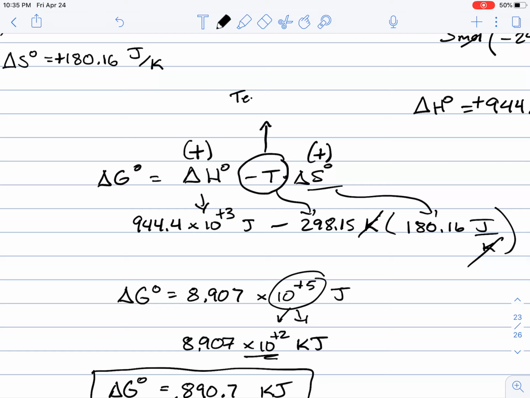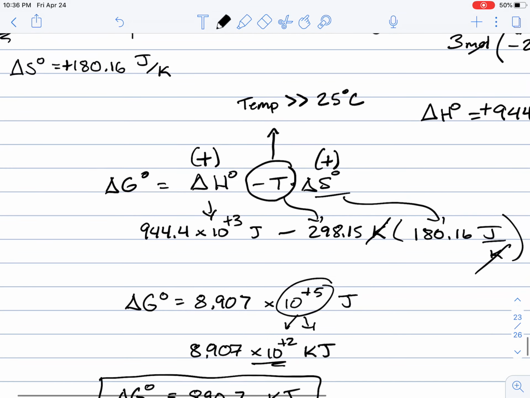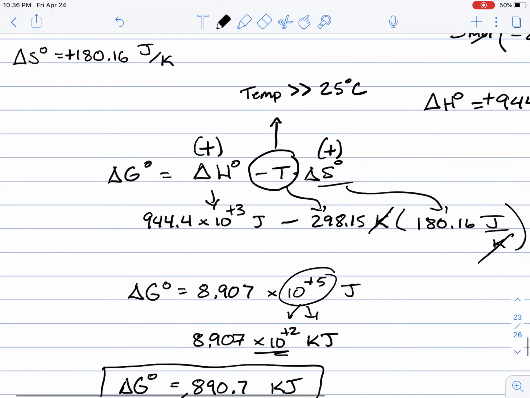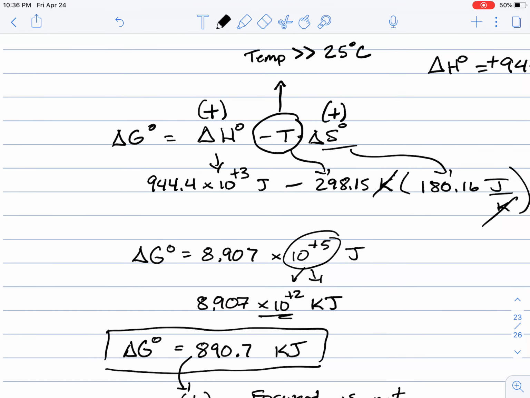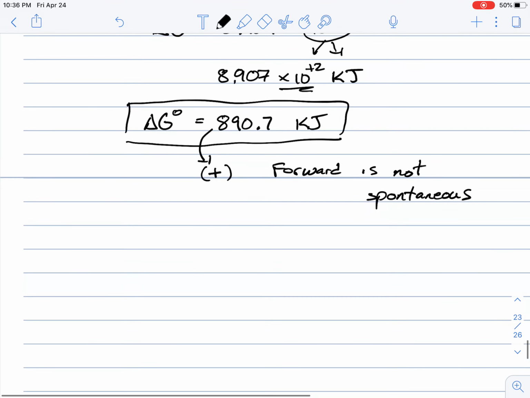So temperature must be far, far greater than 25 degrees Celsius for the forward reaction to become spontaneous. Keep in mind that temperature is a source of a negative value. If we can increase that negative value, then we're more likely going to get a negative answer for delta G, meaning that the reaction is going to be spontaneous.